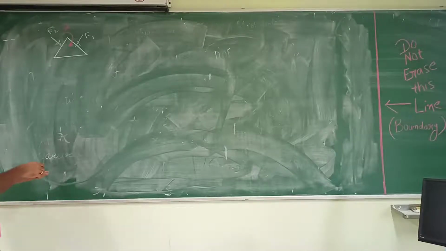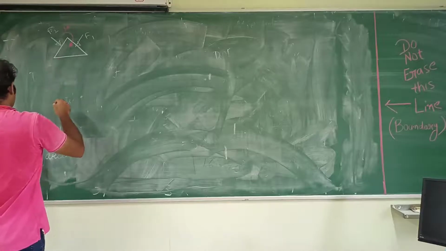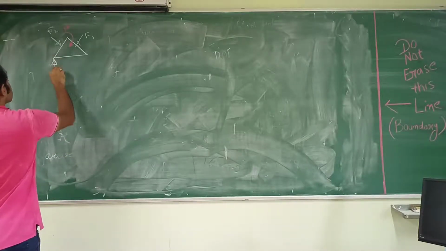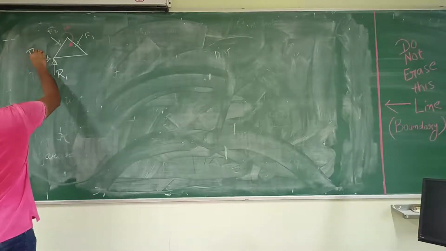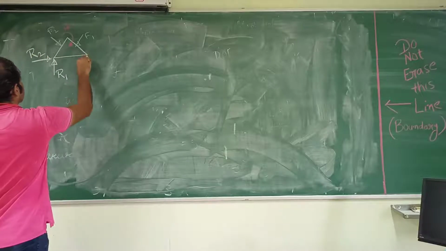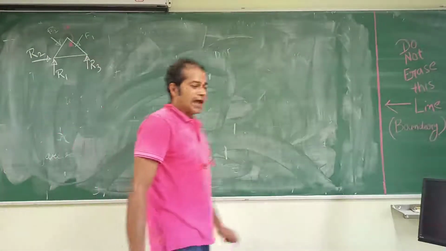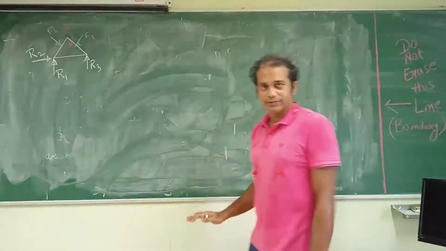Now, in order to restrain these three possible motions, what you give as a reaction is, let's say, reaction R1, reaction R2 and reaction R3. Their values are going to change as you load this body.